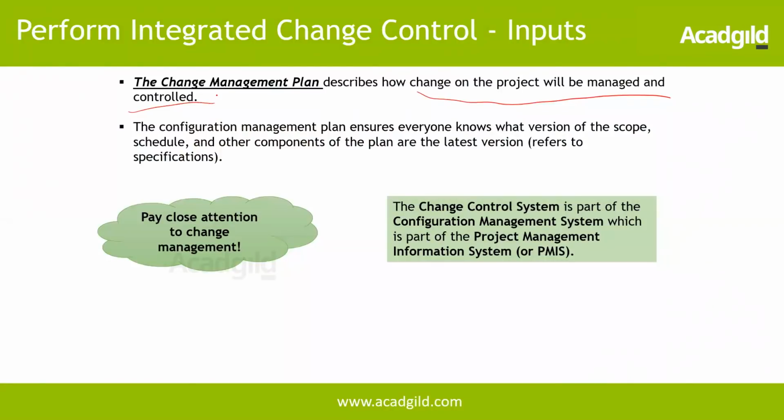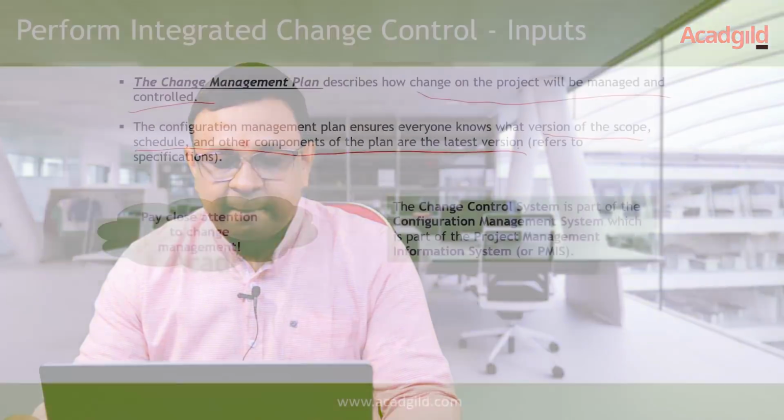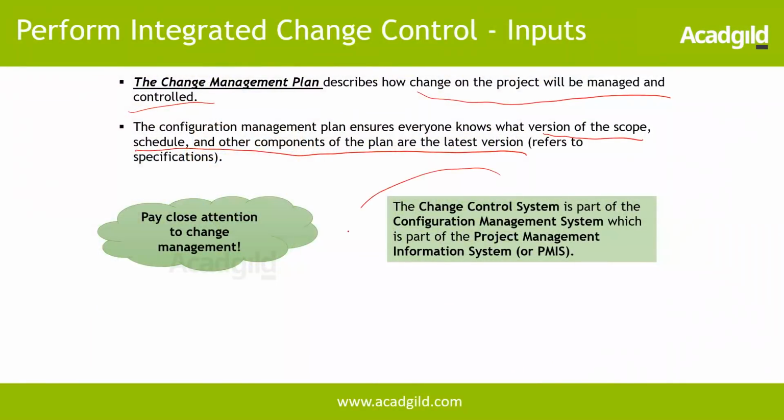And the configuration management plan ensures everyone knows which version of the scope, schedule and other components of the plan is the latest version. Generally most organizations use a version control tool to track the latest version. The change control system is part of the configuration management system, which is part of the PMIS.